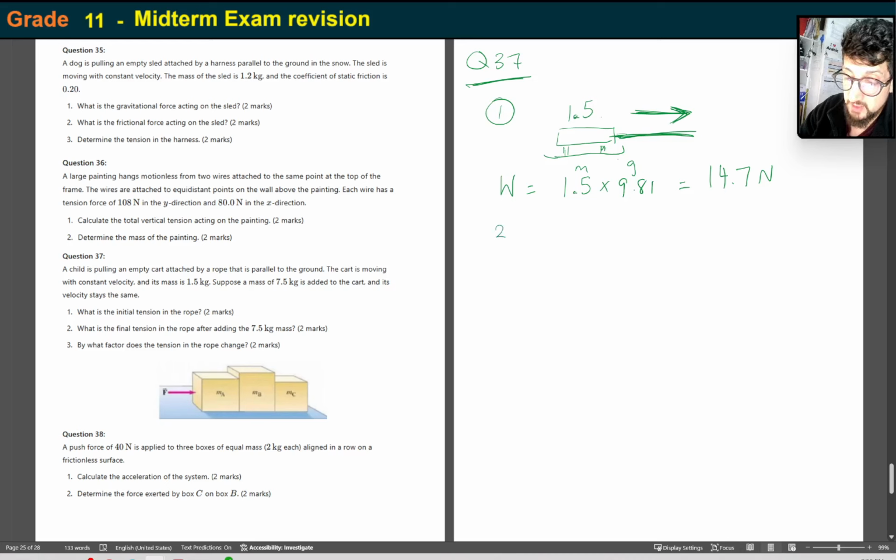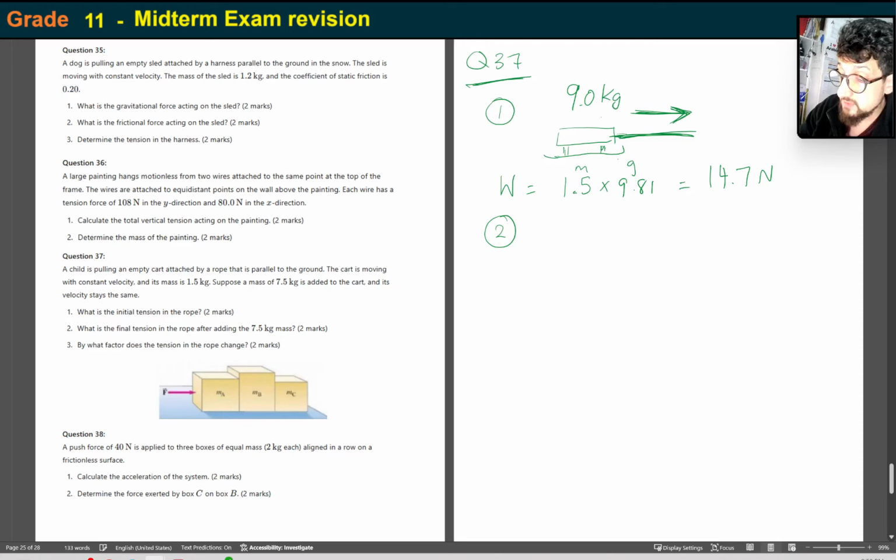Okay, part two. What's going to be the final tension in the rope after adding 7.5 kilograms? So this time we've added 7.5 kilograms. So on top of the 1.5, we've also added 7.5, which makes the total mass of the sled now 9 kilograms.